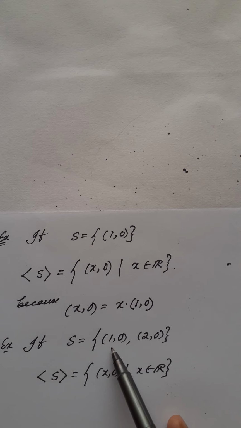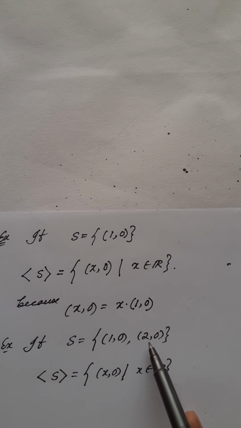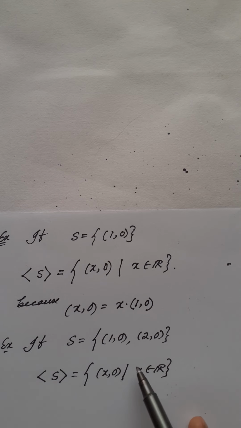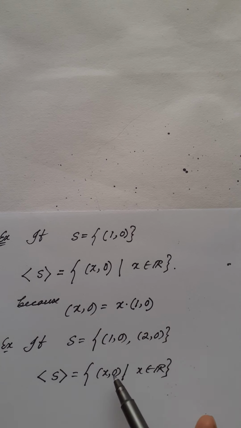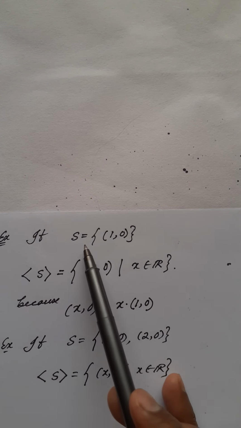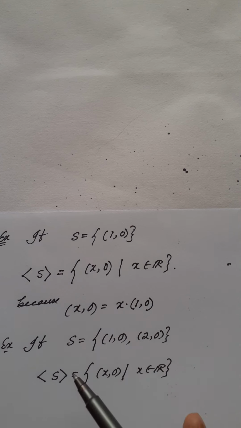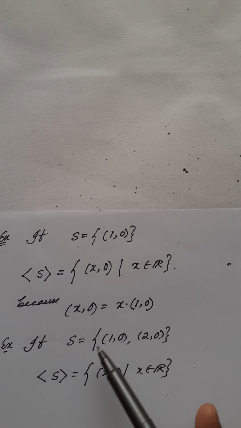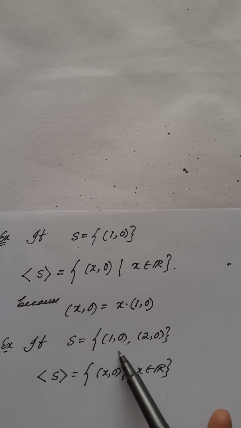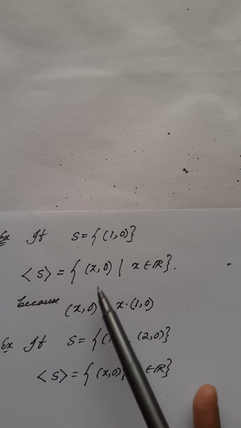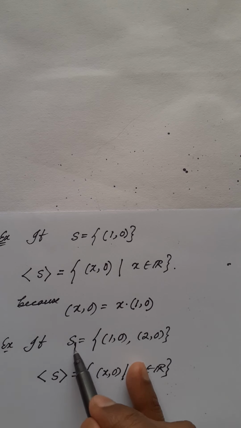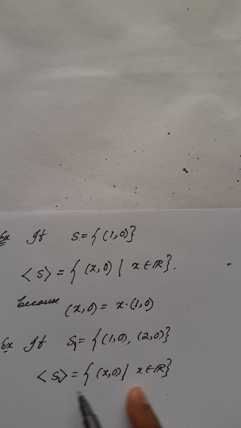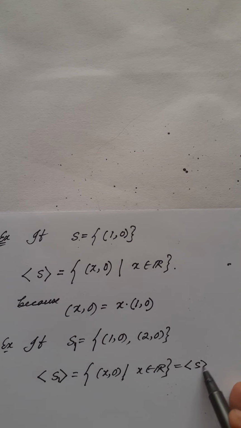So we are not getting anything new here. What is the difference between these two sets? The singleton set S generates this set, and the set having two vectors also generates the same set, so the span for both S and S1 is the same.